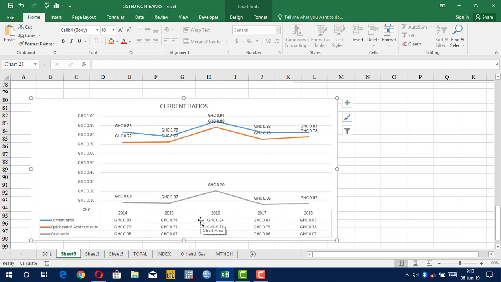So over the 5-year period, the company has been illiquid in a way, or its current ratio has been very low consistently.